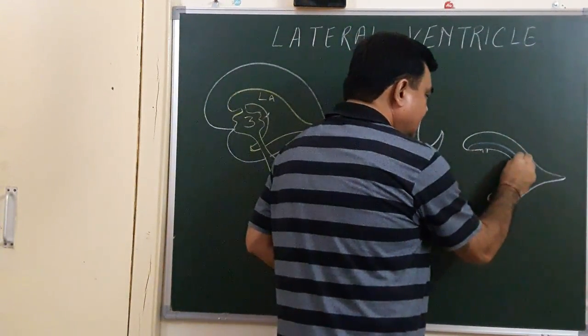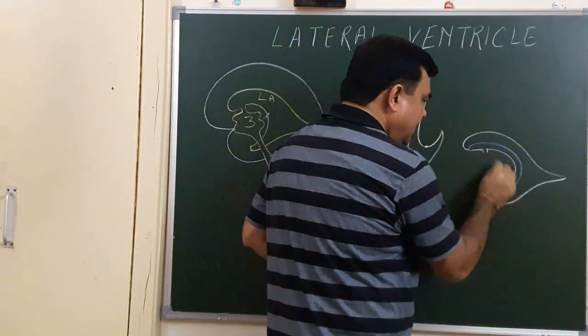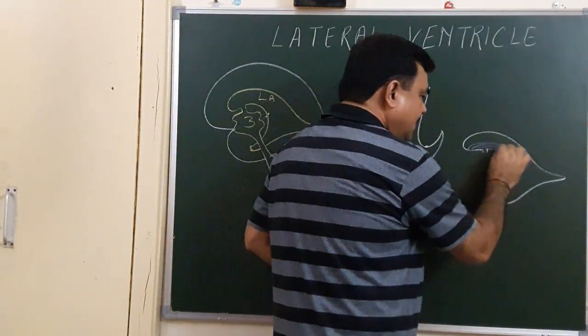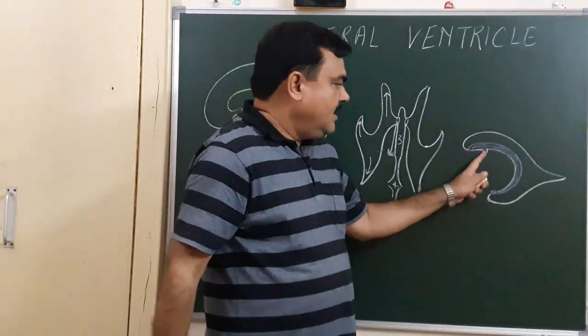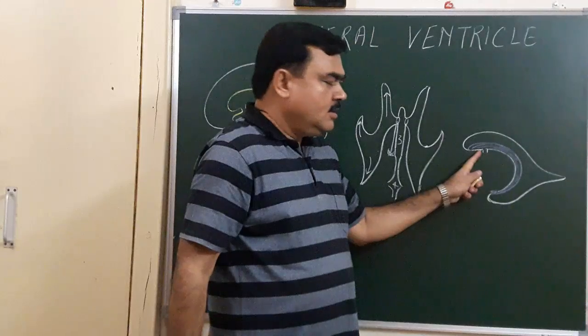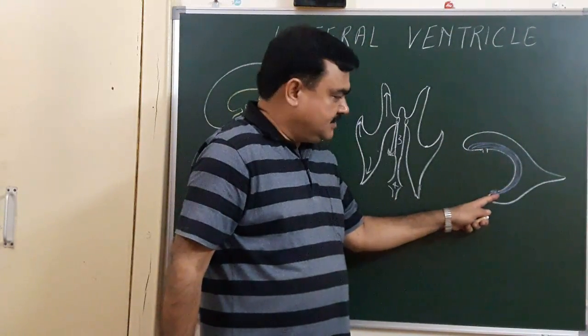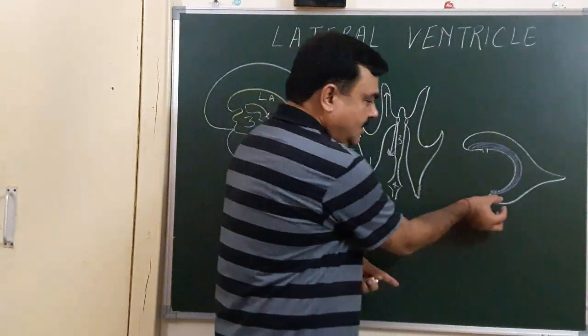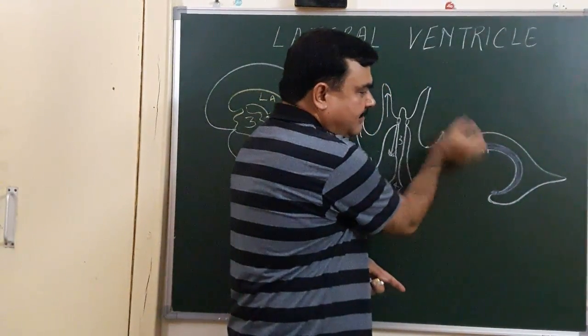Here is the C-shaped caudate nucleus. Here it forms the floor, and here it forms a roof of this ventricle. It lies here in the roof, it lies here in the floor.